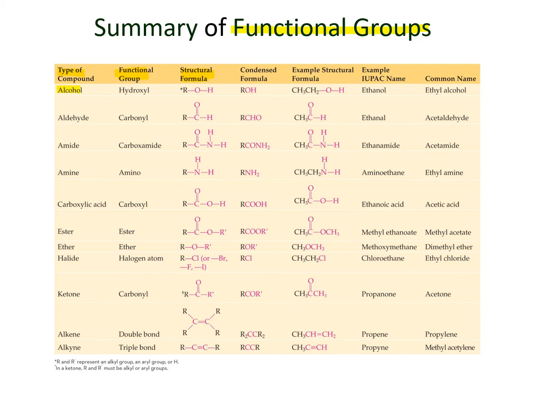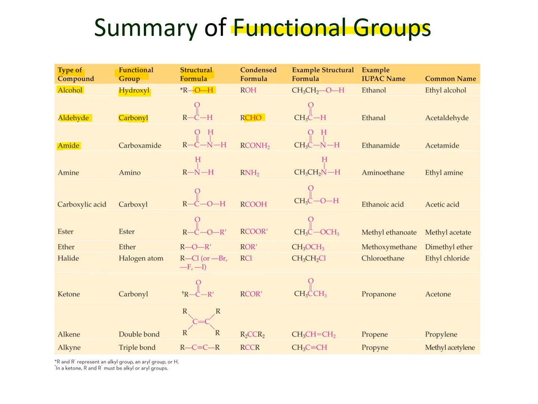So in the alcohols, the functional group found is a hydroxyl group, and the formula, basic stuff you should already know, is OH. For the aldehyde, again a very important compound, the functional group is known as carbonyl group, which is CHO, one carbon, one hydrogen, and one oxygen.